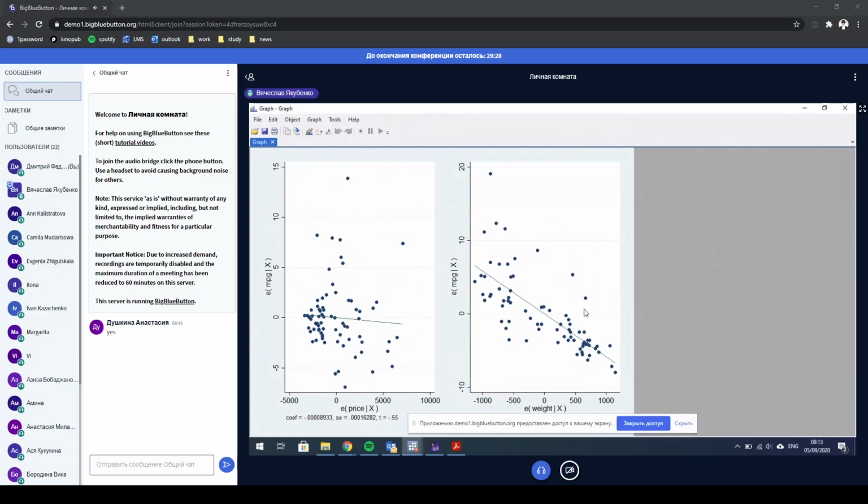On the right-hand side we have MPG and weight. So we see that here the line is much flatter. So it looks more like 0. Here it's pretty steep and explains the cloud much nicer.